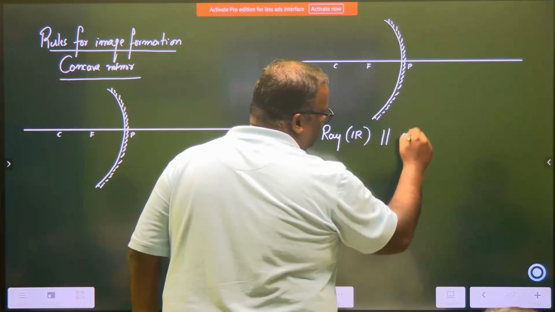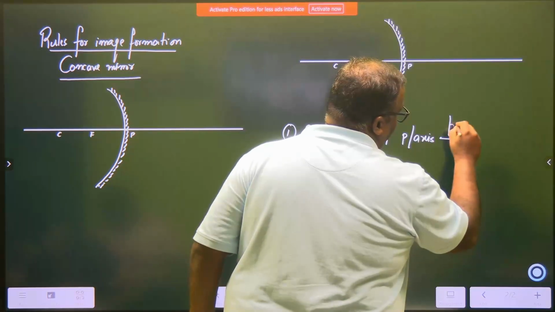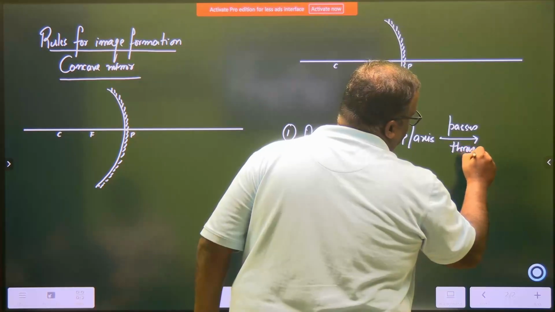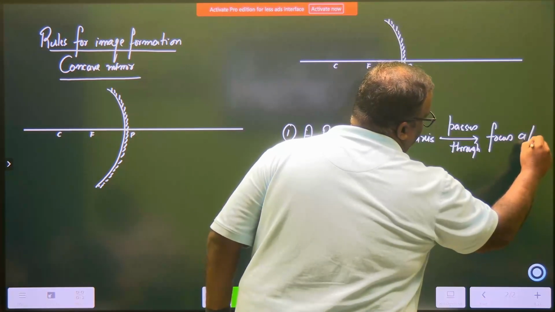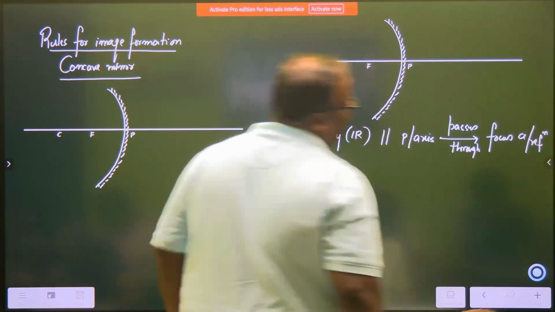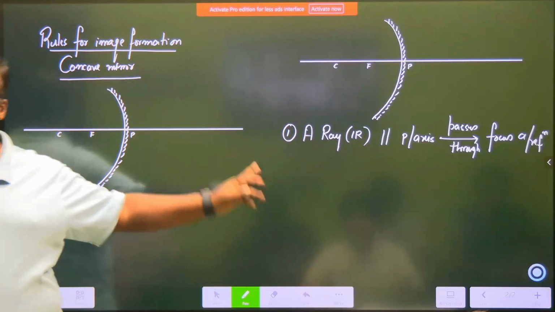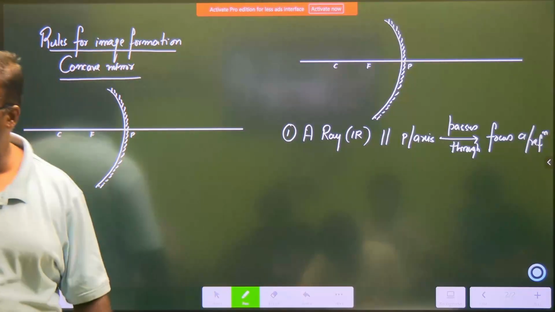Parallel to principal axis, and this arrow I'm writing in short means passes through focus after reflection. Children, I'm using shortcuts. An incident ray parallel to principal axis will pass through focus after reflection.